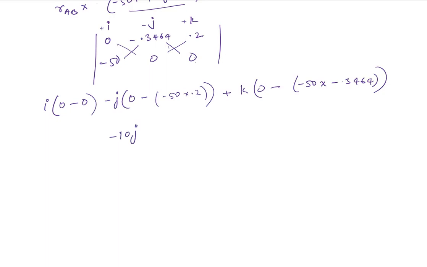And then for k, minus and minus becomes plus, and then this minus is minus k. 50 times 0.3464, multiply that by 100 and divide by 2, is 17.32.